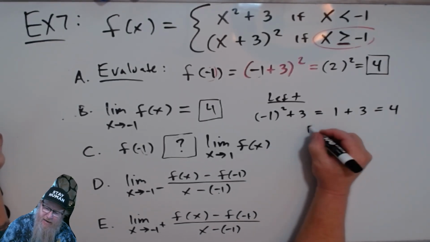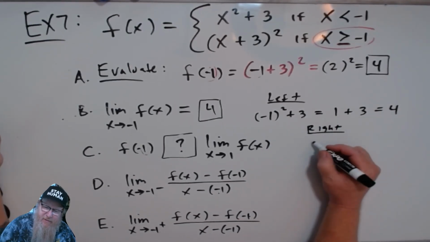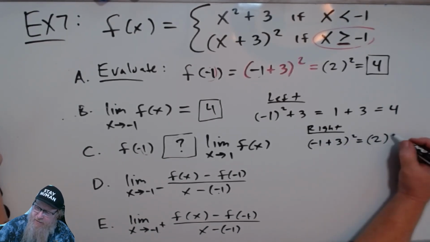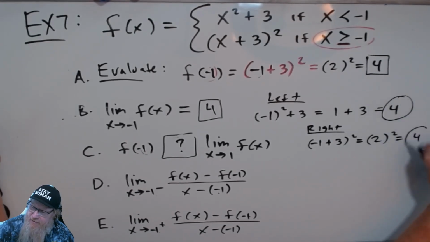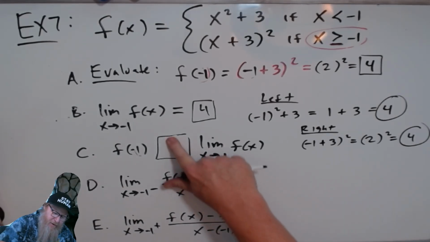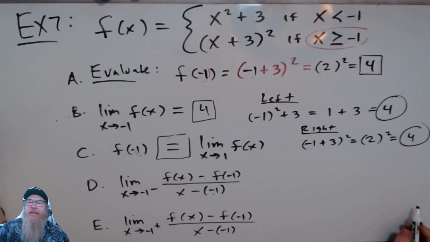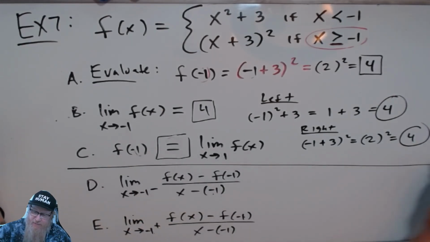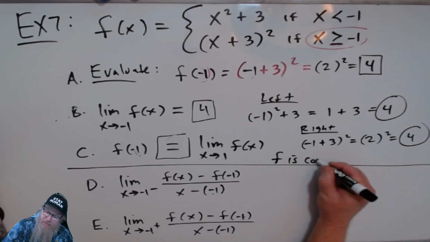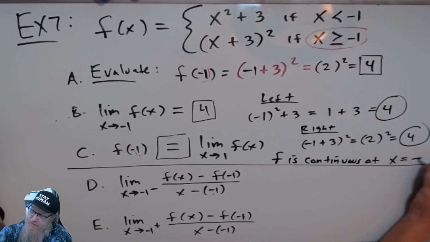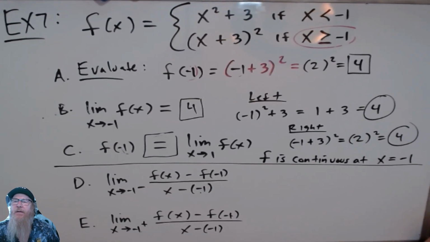On the right side, you get -1 plus 3 squared, which is 2 squared, which is 4. And since the left and the right are equal to each other, that means that the function is continuous at x equals -1. So yes, the function is continuous.